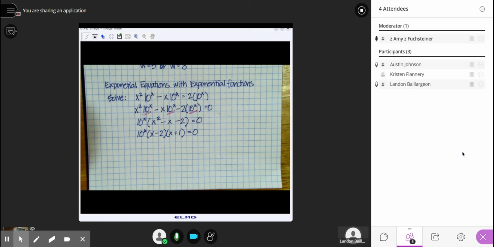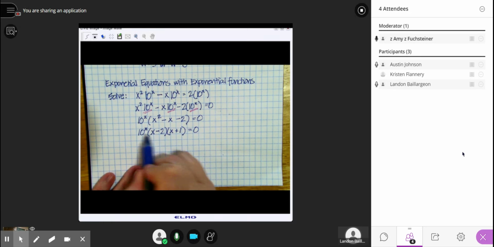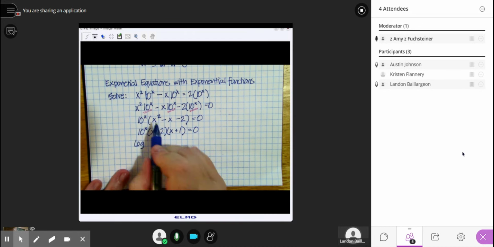Now what do you think? Well, this is a base 10, so I'm going to take a log, a common log.